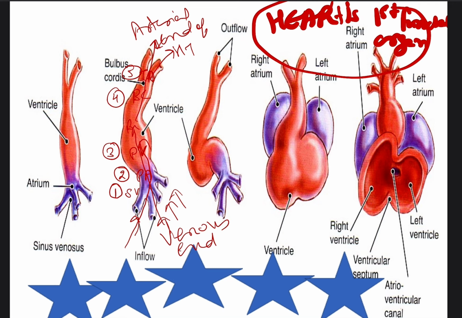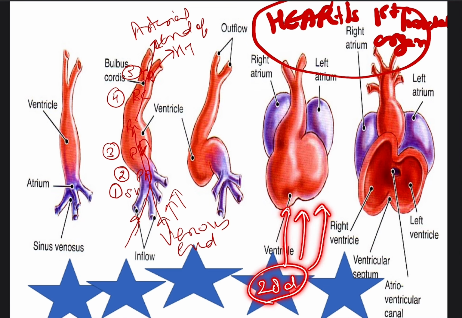So on the 18th day, it forms two heart tubes. Then around day 20, it forms a single heart tube. On day 21, dilatations and serial dilatation and constriction are seen in the heart tube, and around the 28th day a four chambered heart like this forms.